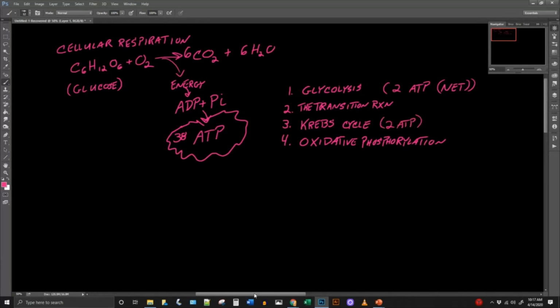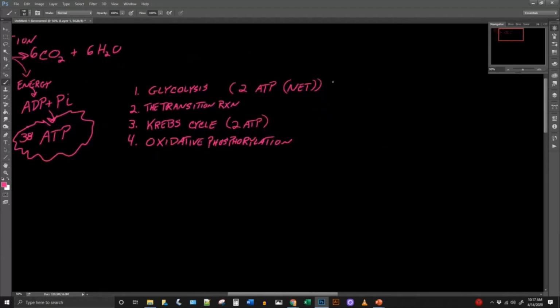And the Krebs cycle and glycolysis both use a kind of ATP synthesis which we call substrate level phosphorylation.